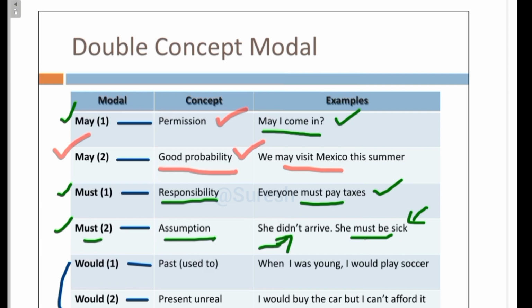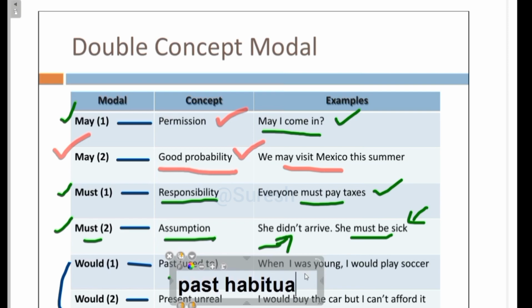We just guess it. What we guess is our assumption. She must be sick, saying that we don't know the reality, whether she is sick or healthy. We don't know that. But we say she must be sick, right?